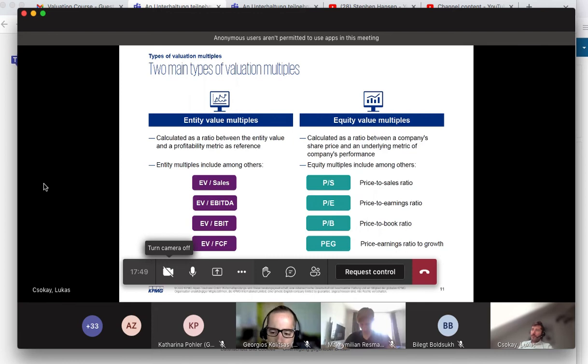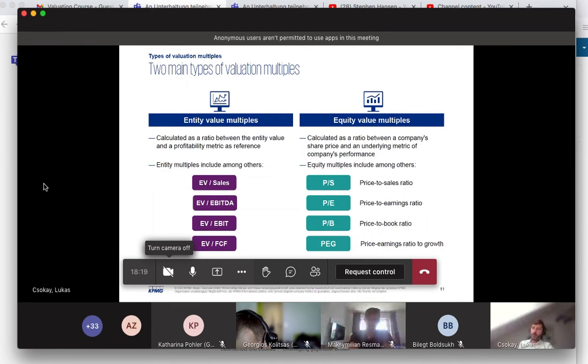I briefly mentioned that we have entity and equity multiples, and that's a very important distinction, because the entity value multiples refer to your company's entity value, whereas the equity value multiples directly refer to the equity value.